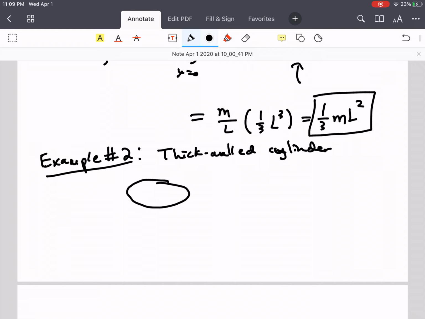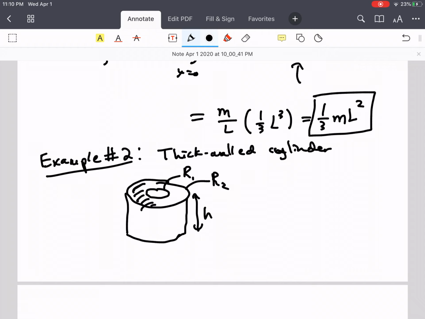I have a cylinder of height h. And the material lives between some inner radius R1 and some outer radius R2. So all the material lives in between these two. And then there's a little hollow core right here. And the density is going to be just some given value, which I'm not going to tell you, rho. Total mass m.